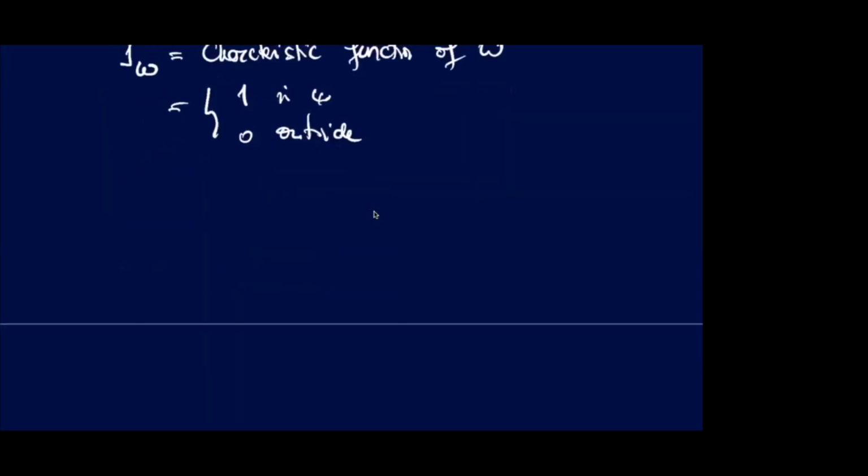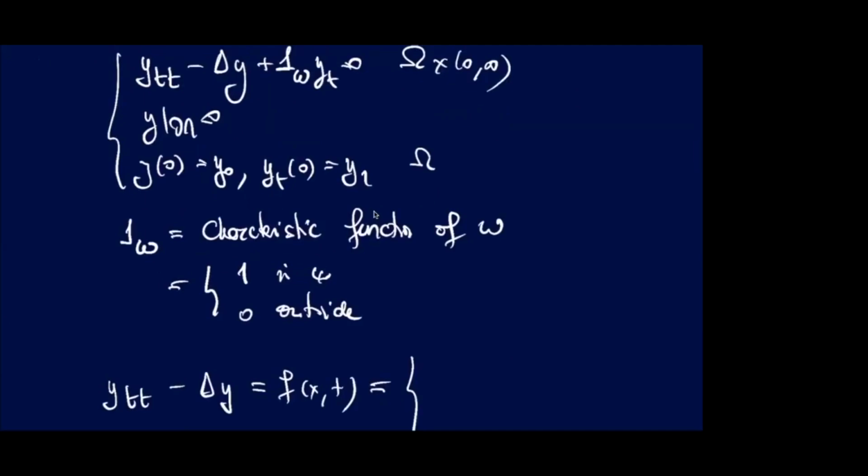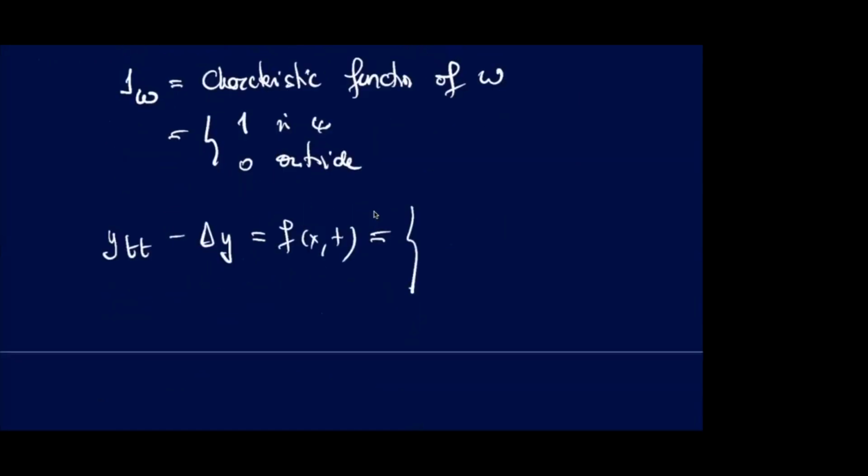So what does it mean? It means that if we write the wave equation in the classical mechanical interpretation, writing the damping term on the right-hand side so that we see indeed the impact of an applied force, the wave equation is undamped in omega minus small omega. This means that waves travel freely when they are away from the actuation zone small omega, and then there is a velocity damping in small omega, right?